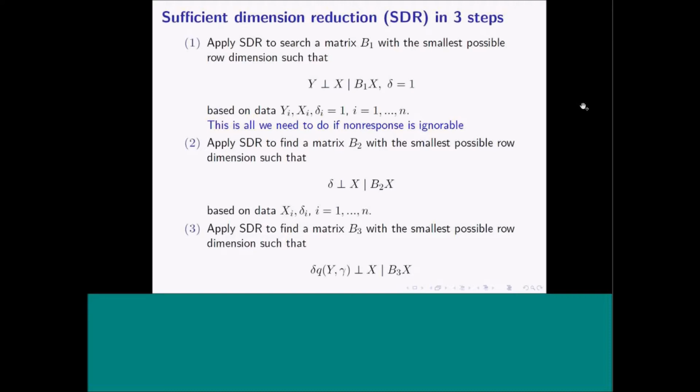So how do I get the instrument? I simply project this B1 into the orthogonal space of B2 and B3. That will give me at least one vector that satisfies both requirements. Of course, here I assume one exists.